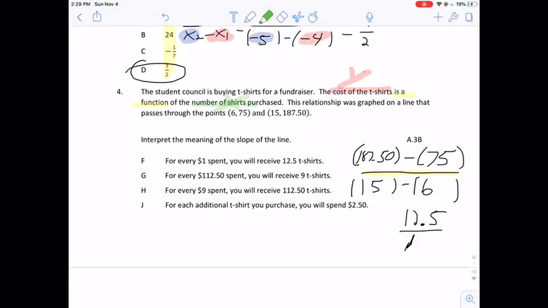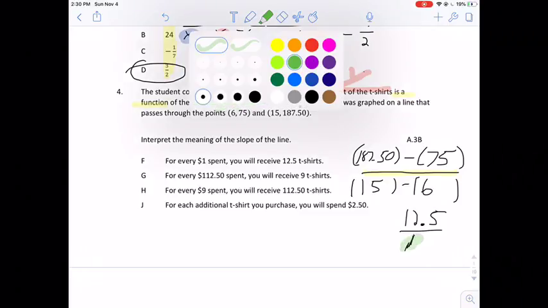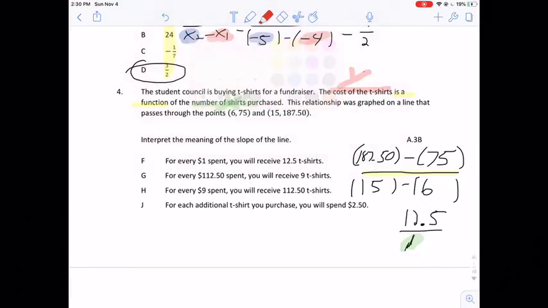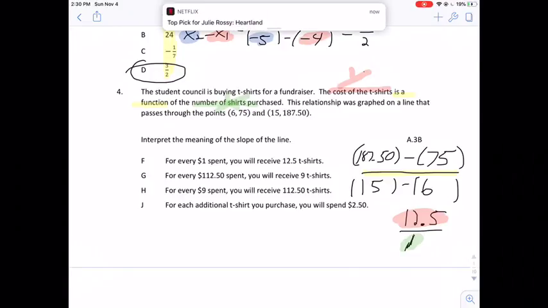So my y is on top and my x on bottom. What it means is that one shirt costs $12.50. So now I'm going to look at my answer choices and see which one has a relationship like that one.